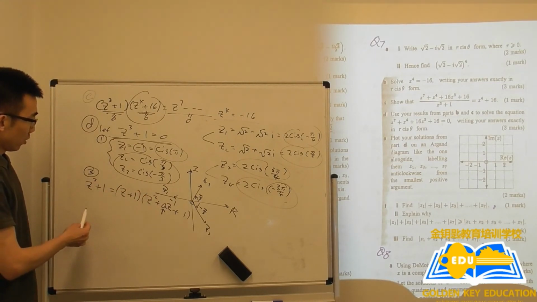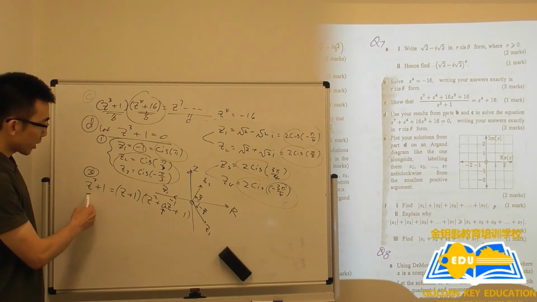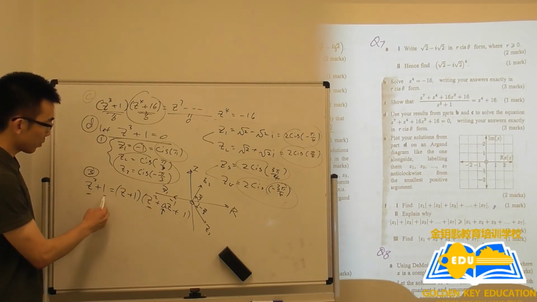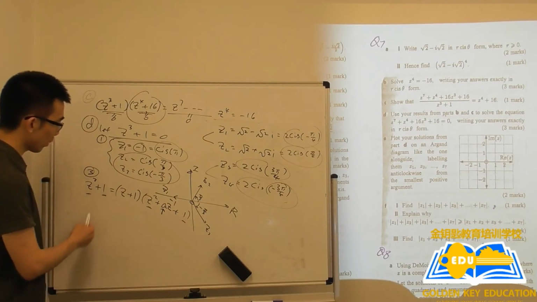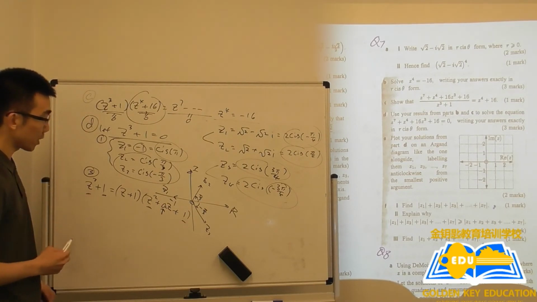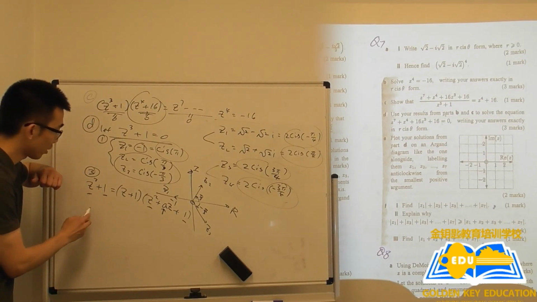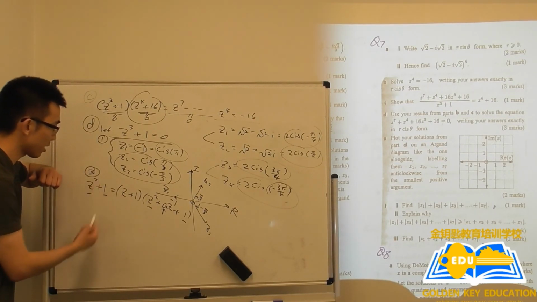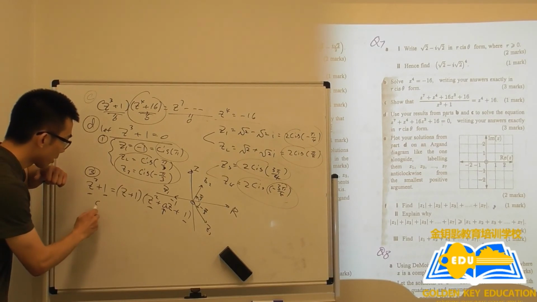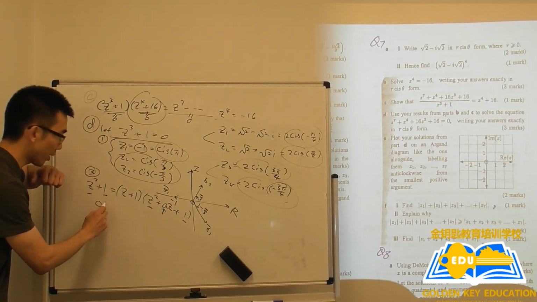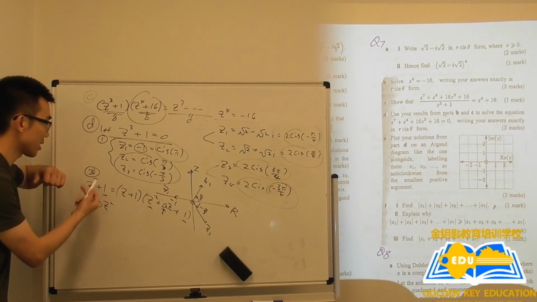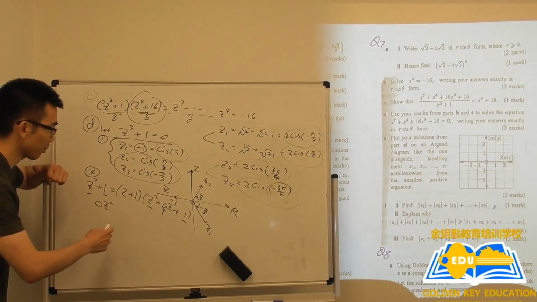So we have used the z cubed to define z squared. We have used 1 to define 1. We now need to use the middle terms. So the coefficient for this middle term must be 0. It doesn't matter which one we use. Say if I use the z squared term, so that will be 0 z squared. You can use the z term as well. Doesn't matter, up to you.